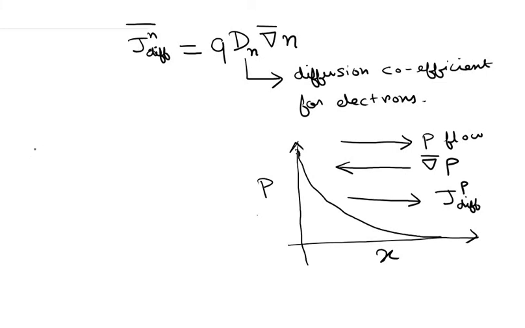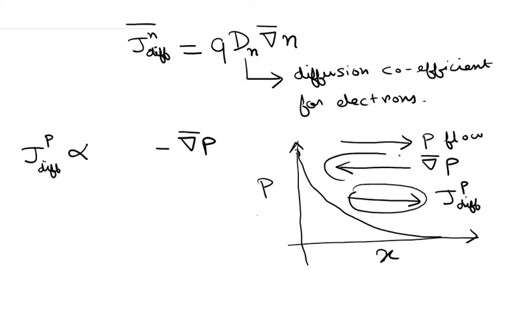So Jp diff is again proportional to minus grad of p. Why minus? Because this diffusion current for holes is directed opposite to the concentration gradient of holes. The directions are opposite, and that is why this minus sign came here.